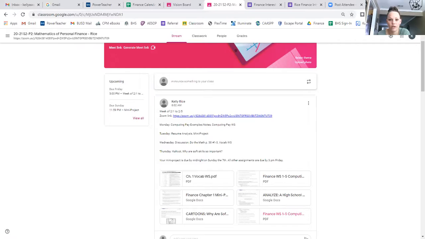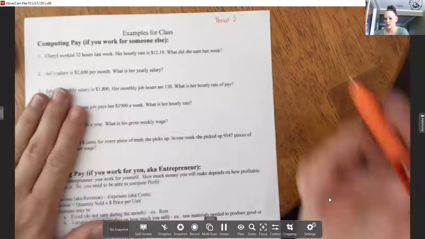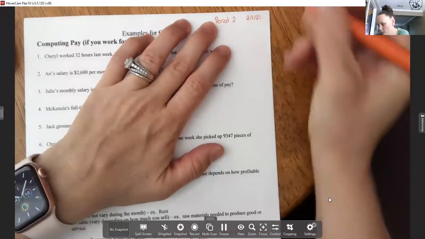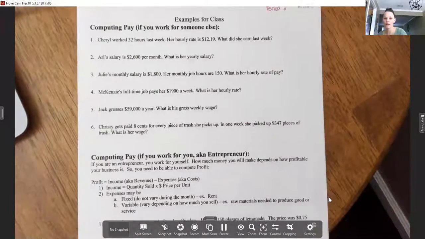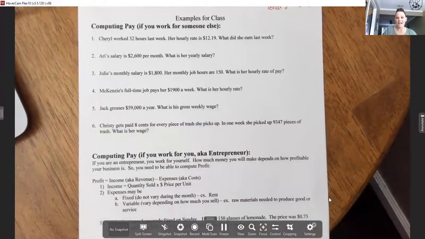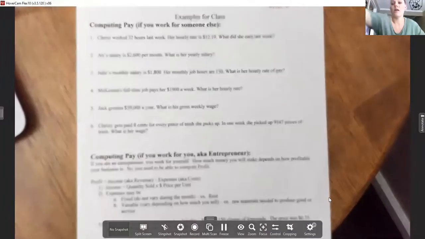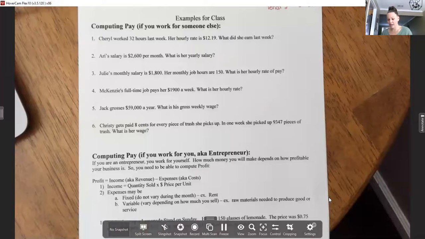So let me share this screen now. All right, so again, this is what we are going to do for our classwork. If math is a strong subject for you, you might think this is a little bit easier. If we're going slow, feel free to work on your homework at the same time.